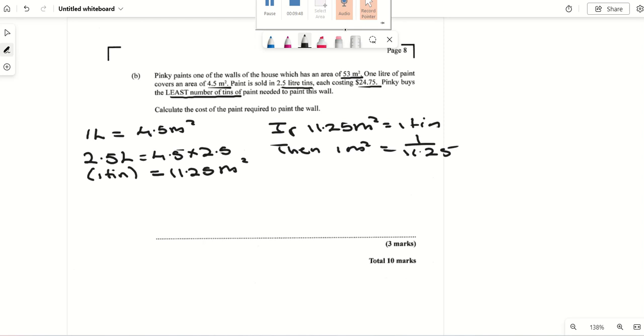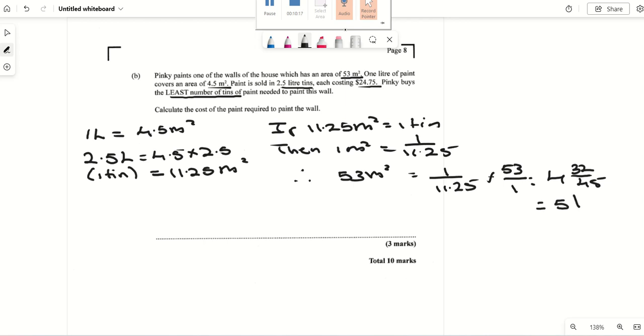And how much do we have to cover? 53 meters squared. Therefore, 53 meters squared would be 1 over 11.25 multiplied by 53 over 1. When you do this, you're going to get 4 and 32 over 45. Now, we cannot buy 32 over 45 of a tin, right? So because it is tins, we have to approximate this to 5 tins.